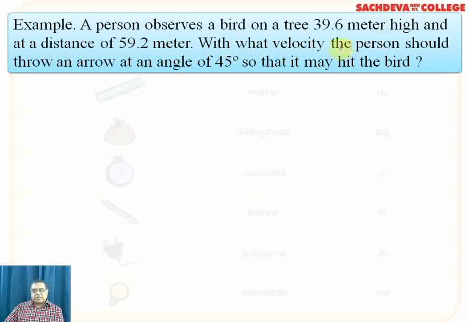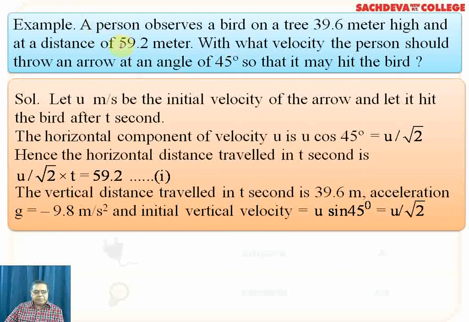With what velocity should the person throw an arrow at an angle of 45 degrees so that it may hit the bird? According to the question, height is 39.6 meters, angle of projection 45 degrees, and the distance of the bird from the observer 59.2 meters. Now here we will make certain assumptions.